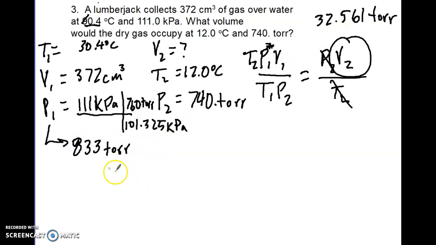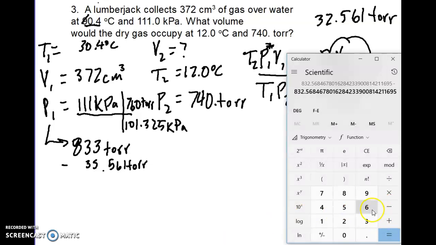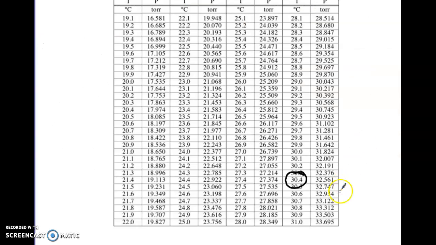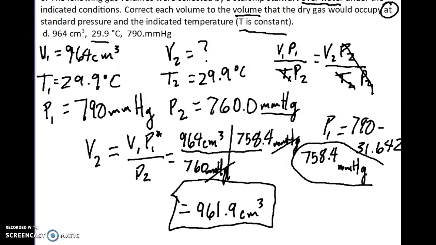So we want to subtract 32.561 torr. So just subtract that right from here. Let me double check my 32.561. Yes. Always good to double check your work.